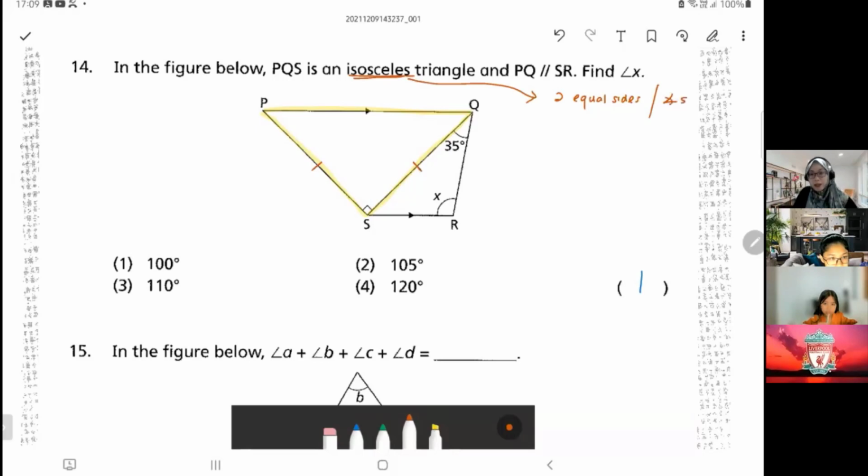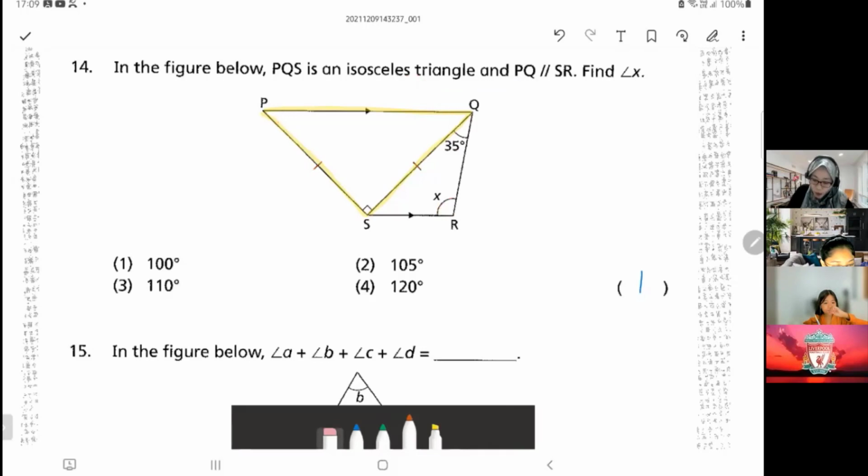So if they have equal sides, means they have the 2 equal angles, which means this angle and this angle are the same. Okay, but do I want that angle? I don't want. I want this X here at this corner, the one that I color in red. Then they say that PQ is parallel to SR.